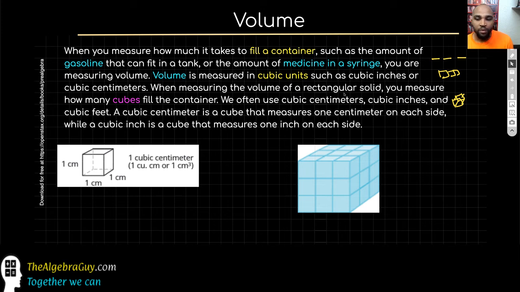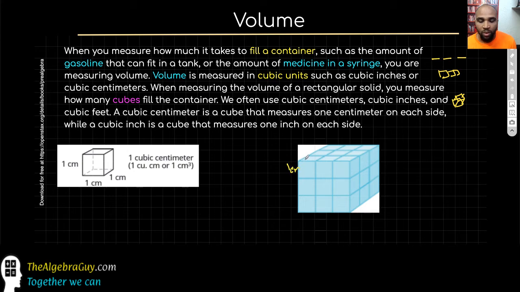We're measuring the volume of a rectangular solid. You measure how many cubes fill it up. This is an example. This is 1 cubic centimeter. So all these are 1 centimeter. 1 by 1 by 1 gives us 1 cubic centimeter. So what would be the volume of this if I said one of these is 1 centimeter by 1 centimeter?